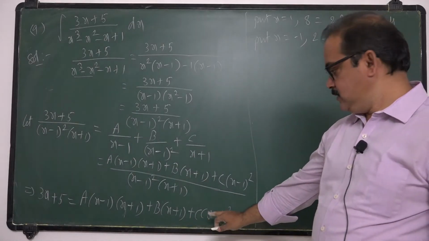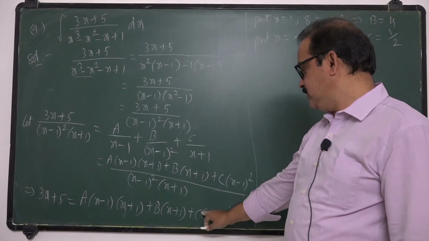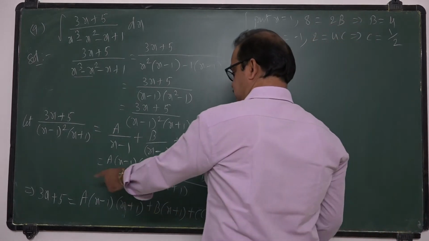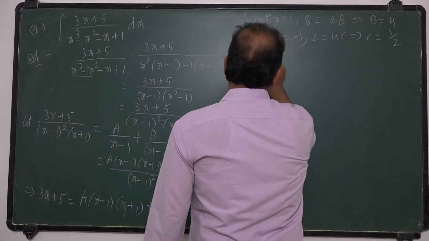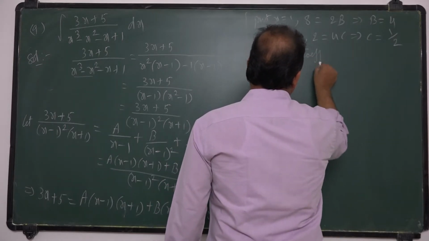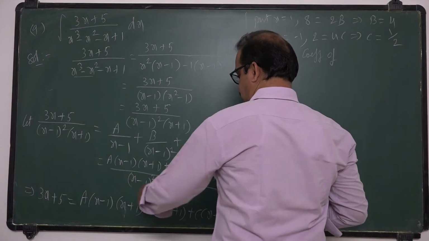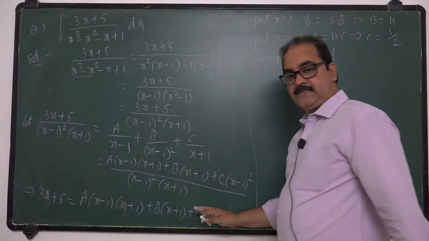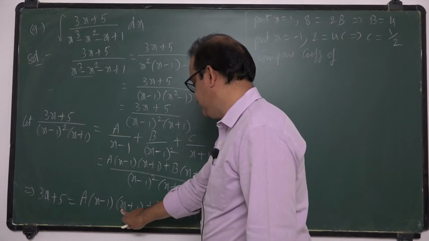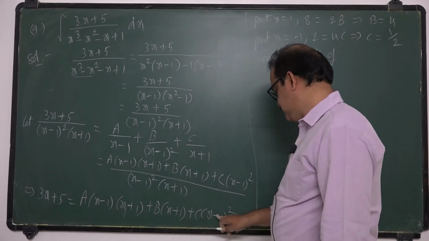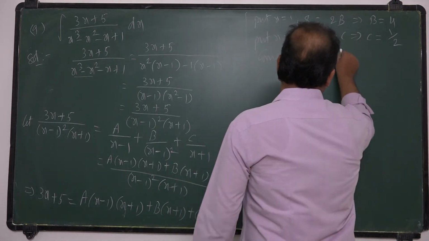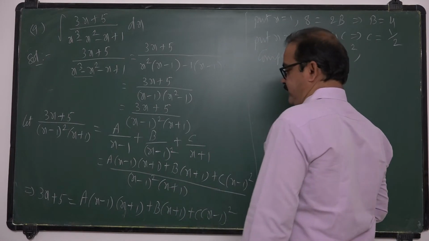Now we can't give any further x value, so in this case you compare the coefficients. Compare the coefficient of the highest power of x. What is the higher power of x here? x into x, x square. Here also in this expansion we get x square. So compare the coefficient of x square.